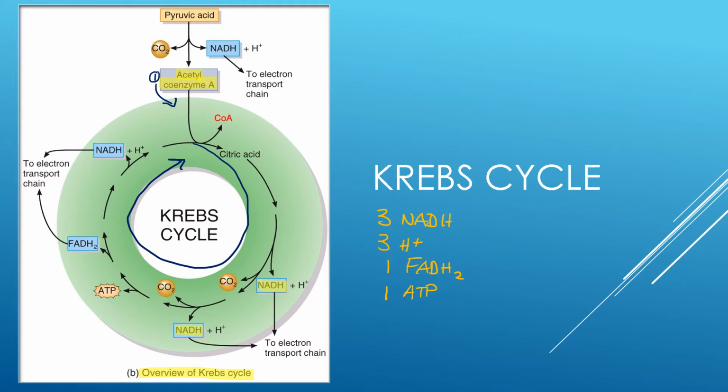Now, since each glucose molecule creates 2 pyruvic acid molecules, and each pyruvic acid molecule will produce an acetyl coenzyme A molecule, for each glucose you get 2 acetyl-CoA.